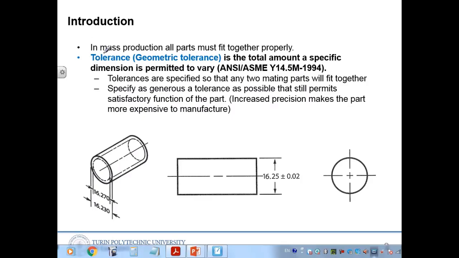In mass production, when we produce the product in a very big amount, we call it mass production. Okay, so the production rate is very big. So in one day, for example, a car or any product can be produced many times.